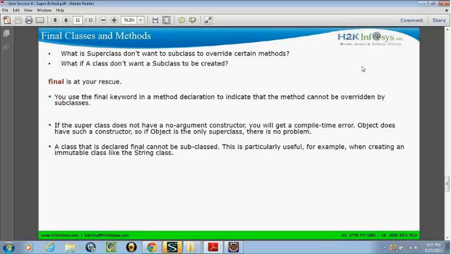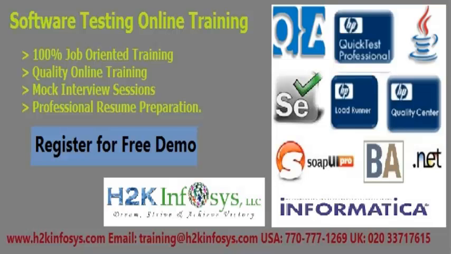Yes. So final is a keyword which we can apply to variables, methods, and classes. When we make a variable final, we cannot assign a new value to the variable. When we make a method final, we cannot override the method in a subclass.